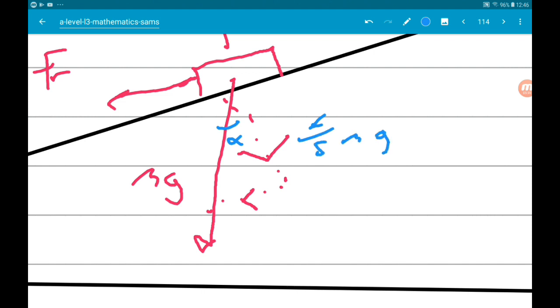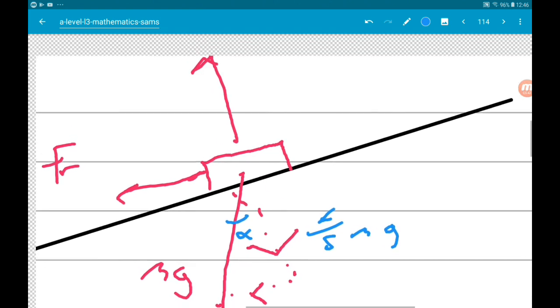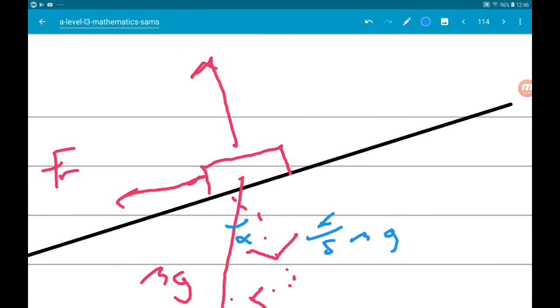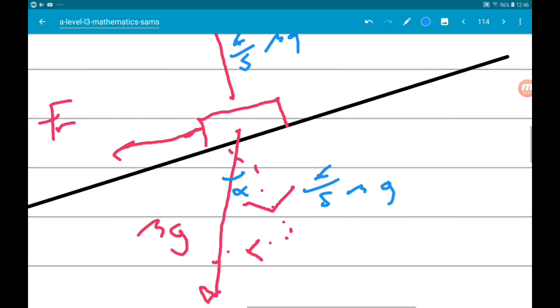Now we also know, because the particle is not moving up or down, that the reaction force is the same but acting up. And then the other force is going to be the hypotenuse times sine of alpha, so 3/5 mg.